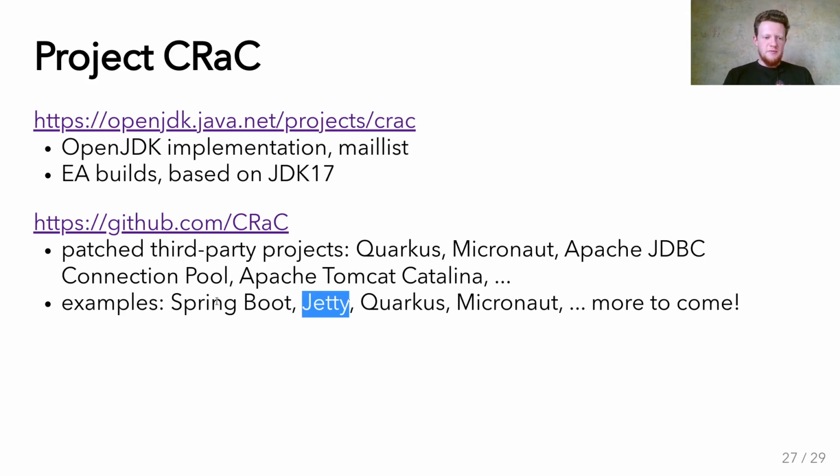And some of them, like Spring Boot, do not require any changes in Spring Boot itself, but it's enough to make a change in the POM XML and choose a version of the HTTP web server that has that coordination implemented.